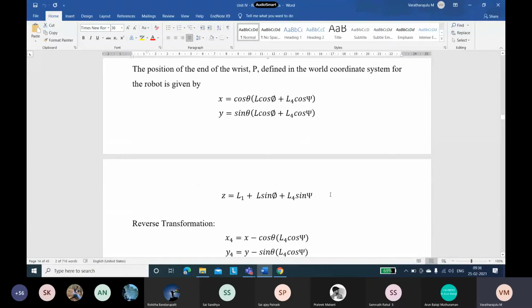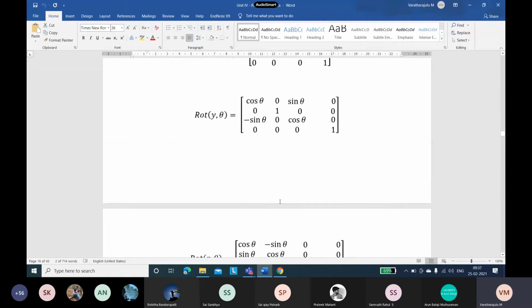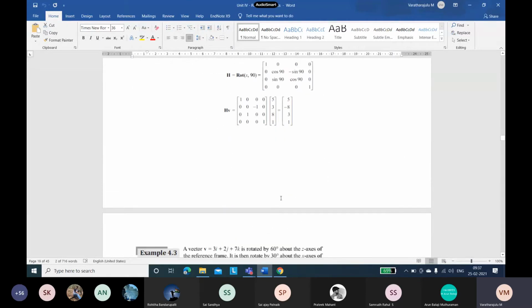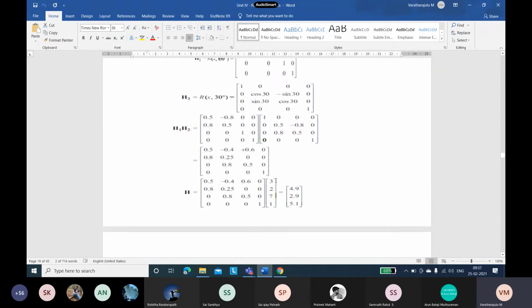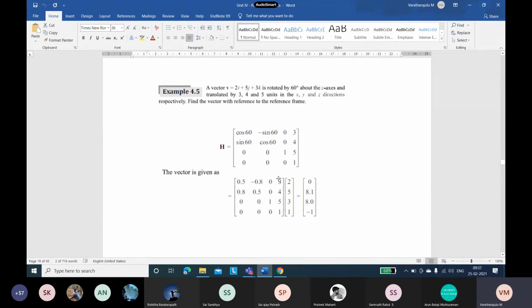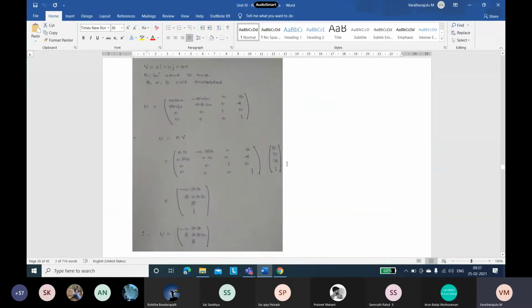Then we have seen the homogeneous transformations and robot kinematics, and we solved a few problems in that topic. During that time we covered the transformation matrix, translation transformation, and rotational transformation matrix. This is the problem we saw yesterday, and with this problem we concluded yesterday's session.